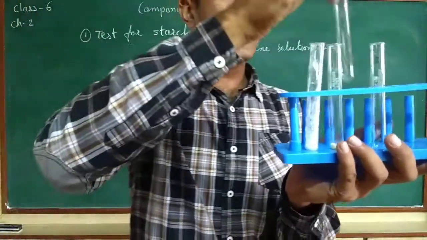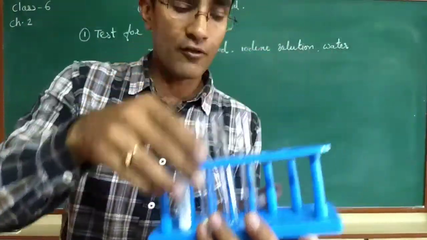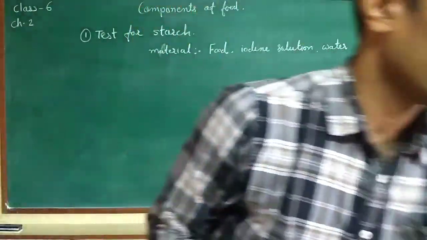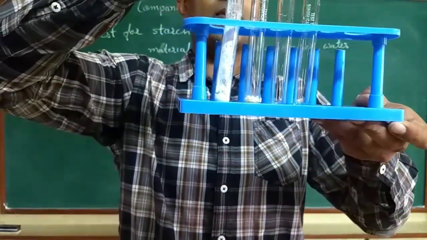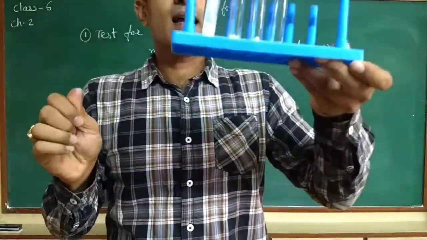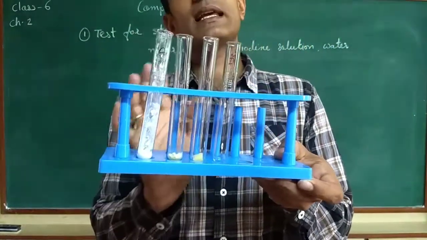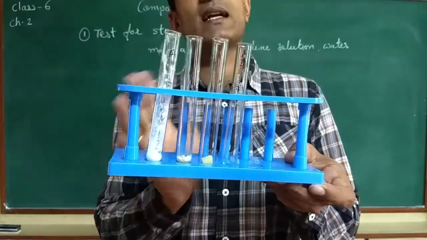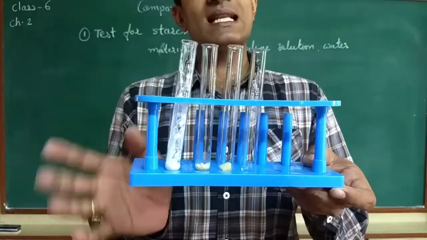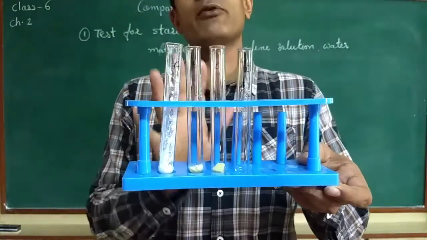In the third test tube, we are going to take a piece of potato. And the fourth one, D, I will keep as a control. Control means there is nothing; we will not put any food in that.